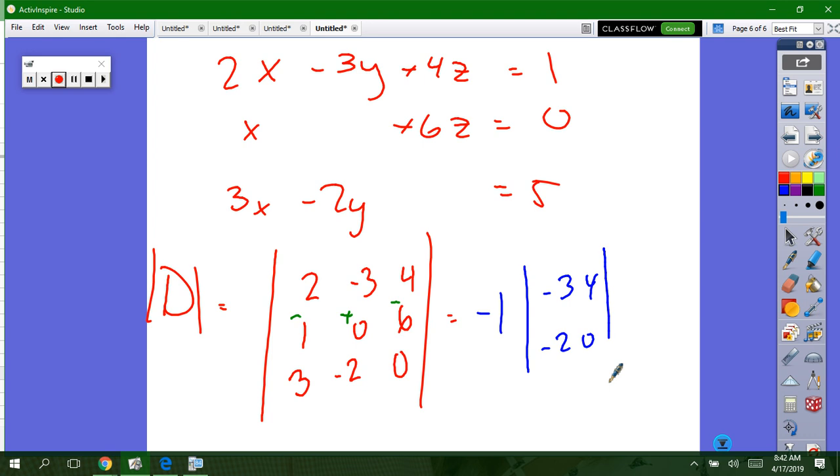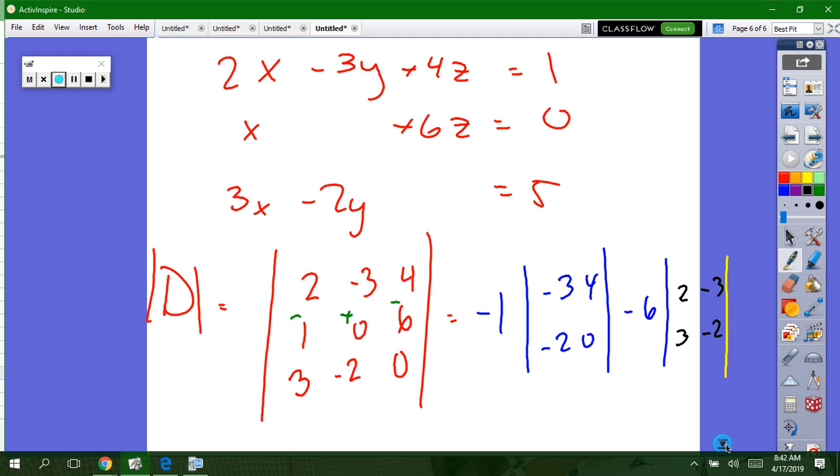Then this guy is going to be a -6. Okay. Get rid of the row and the column of that element. And I will have 2, -3, 3, -2. Any questions on that? You good?